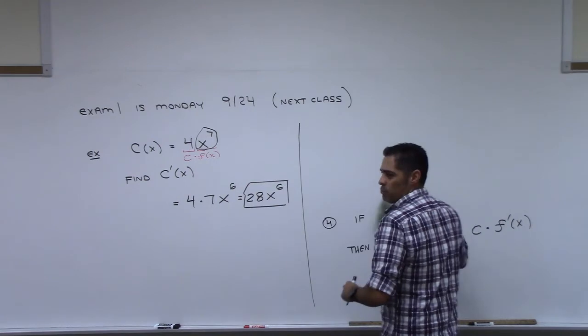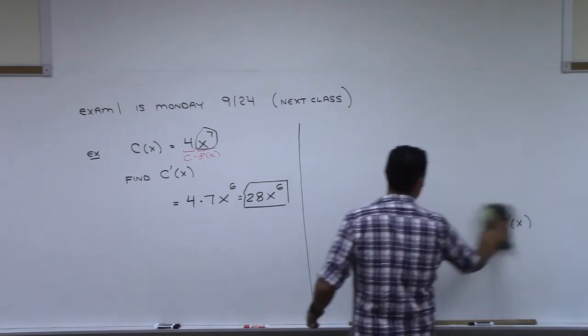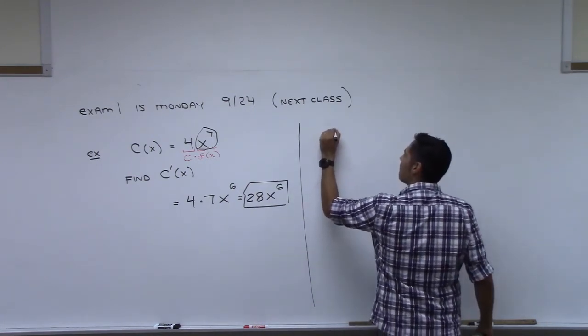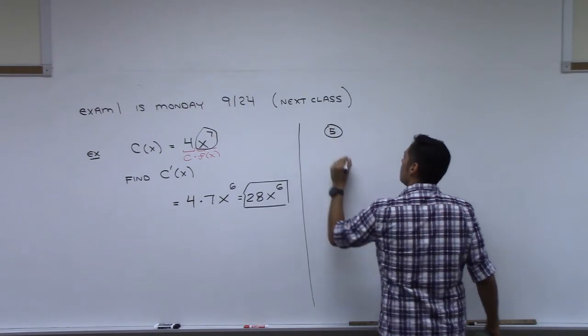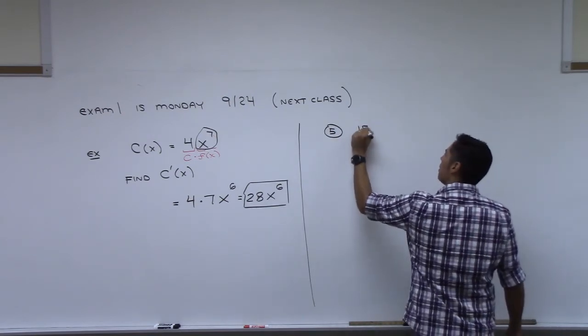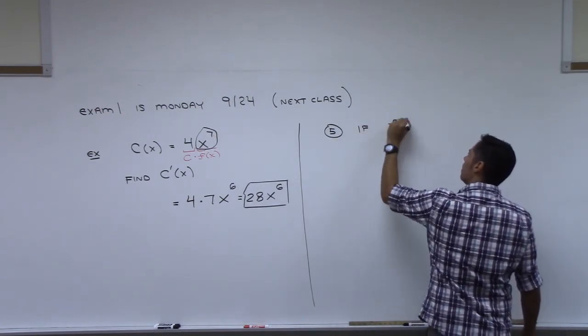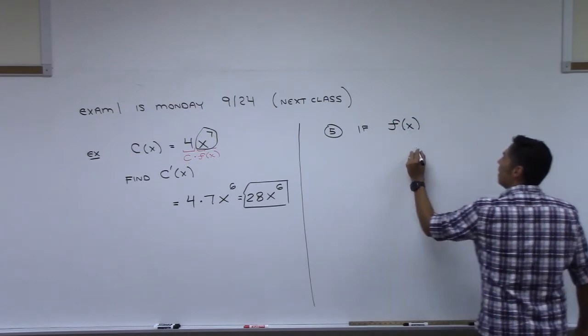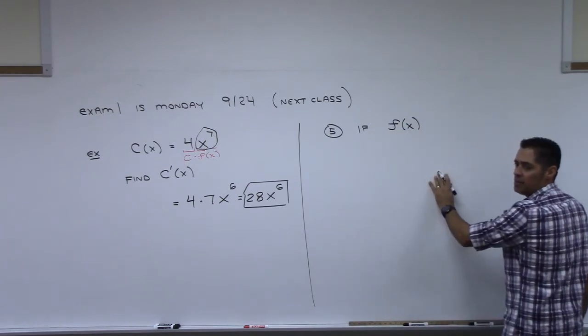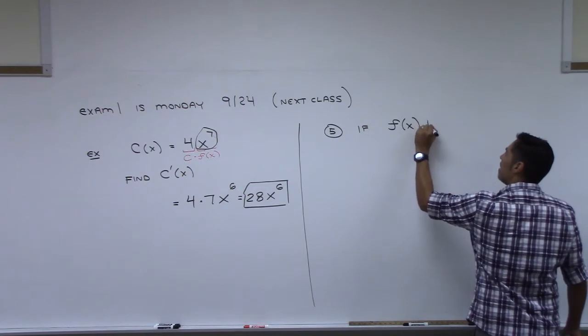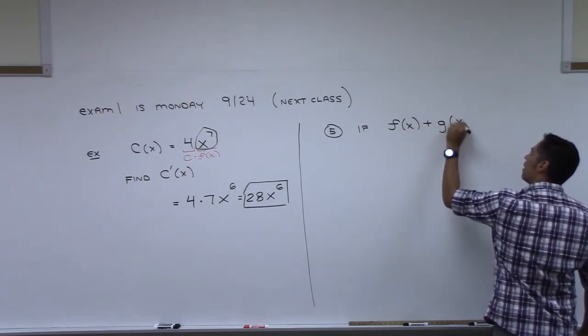There are 28 rules. No, I'm kidding. Let's look at the fifth one. Let's say you have some function of x, and you add to it some other function of x.